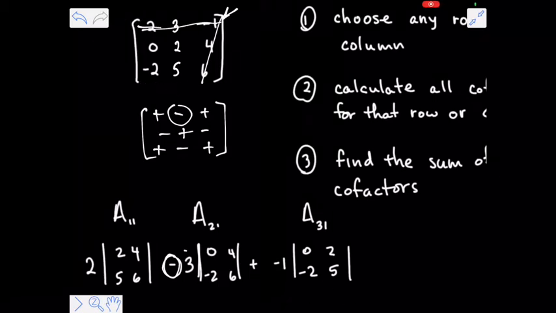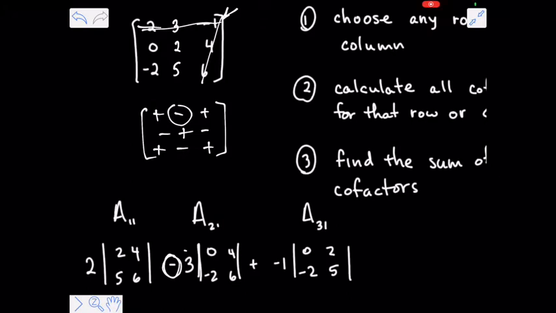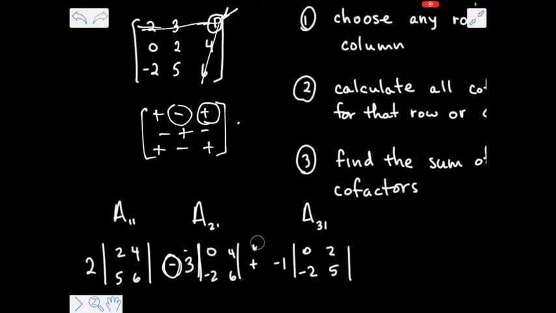Now I find the minor by calculating its determinant, and then I multiply it by the number that's in that spot, which is -1. That's why I've got the -1 there. And then to find the actual cofactor, you have to multiply it by either positive or -1. So since it's a positive there, I multiply it by +1 right there. +1 times -1 still keeps it -1.